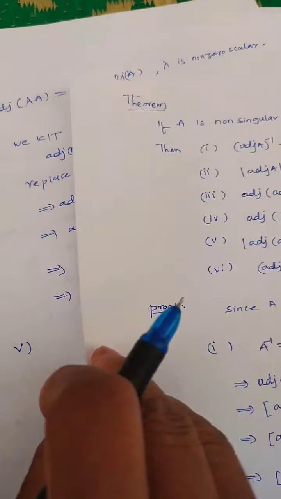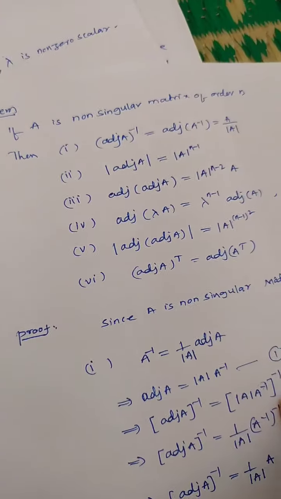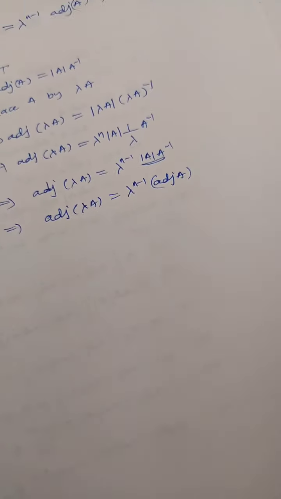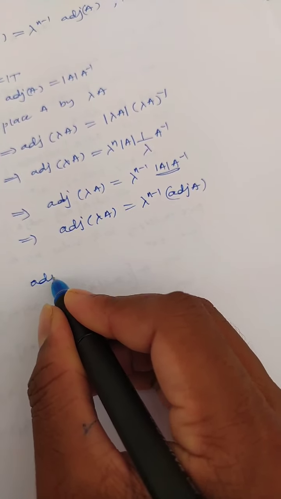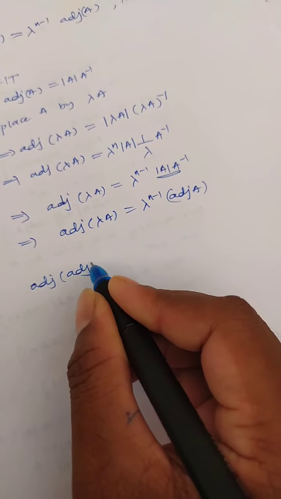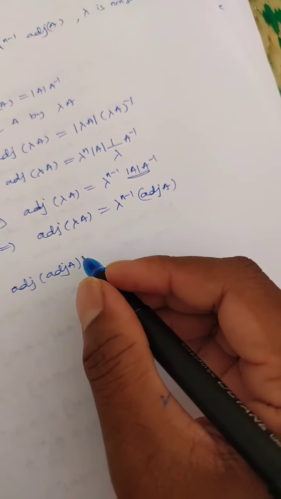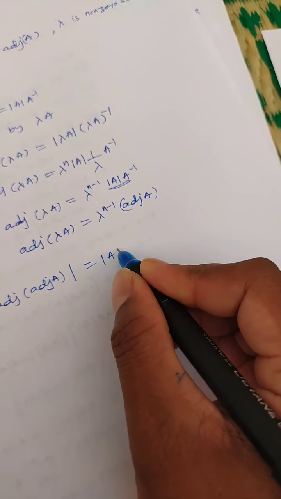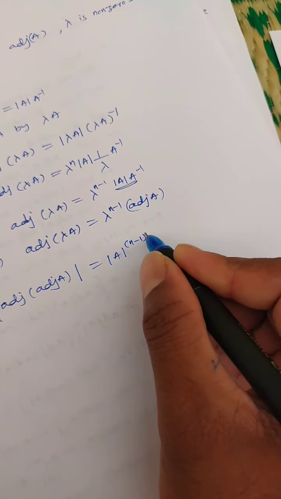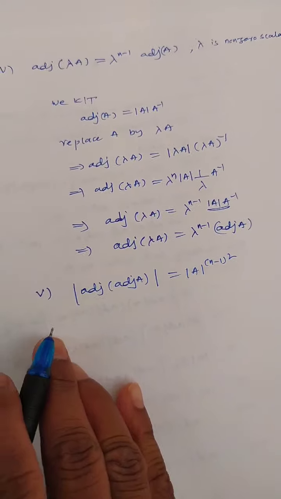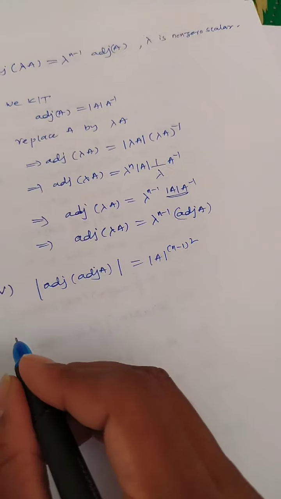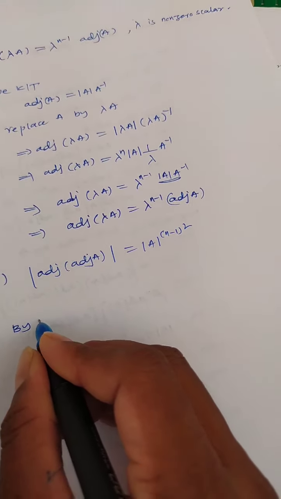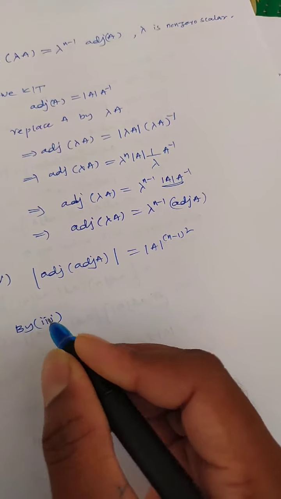What is the fifth one? Adjoint of adjoint A equals det A to the power n minus 2 into A. And det of adjoint A equals det A whole power n minus 1. To prove this, first I am using the third one.